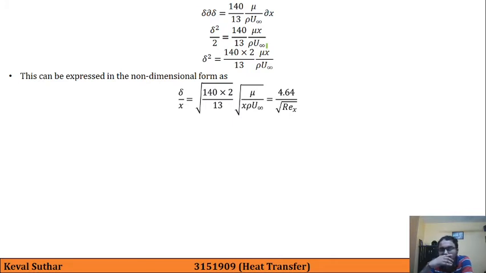And finally the final formula is del upon x is equal to 4.64 divided by square root of Reynolds number.